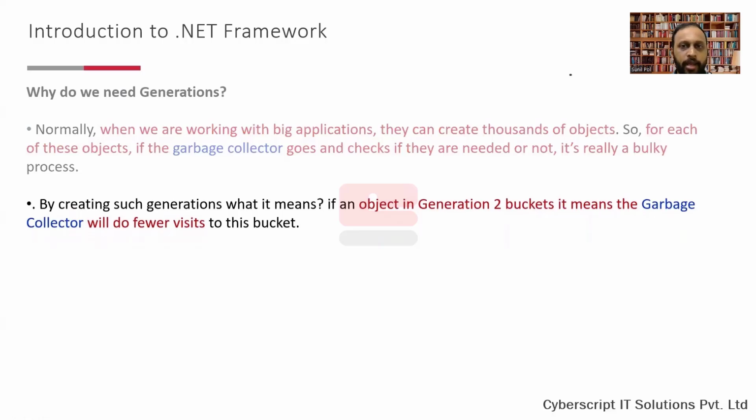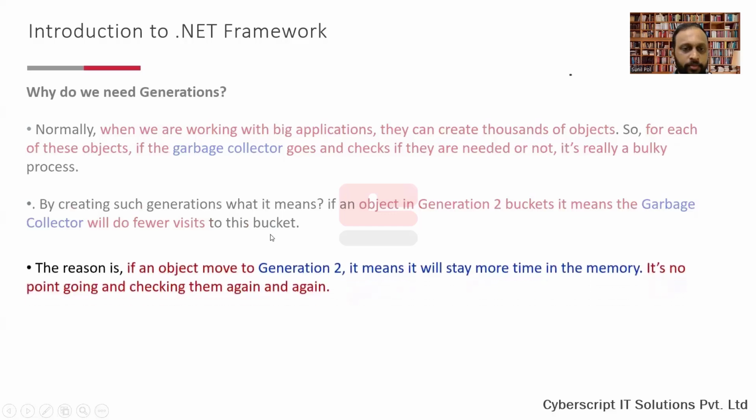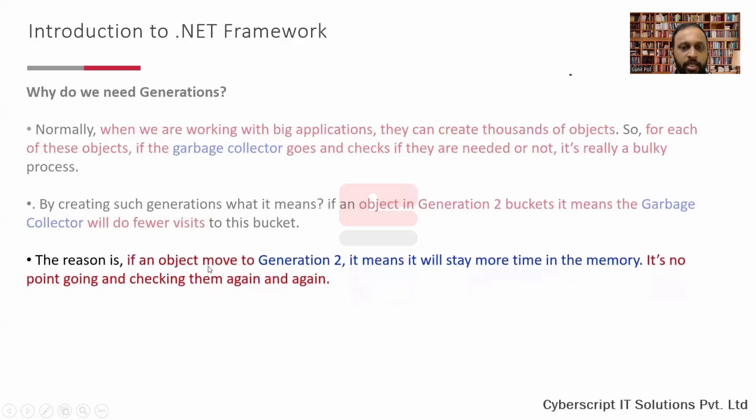So to avoid that, the garbage collector uses generations. By creating such generations, if an object is in the generation 2 bucket, it means the garbage collector will make fewer visits to this bucket. The reason is, if an object moves to generation 2, it means it will stay in memory for more time. There's no point going and checking them again and again.